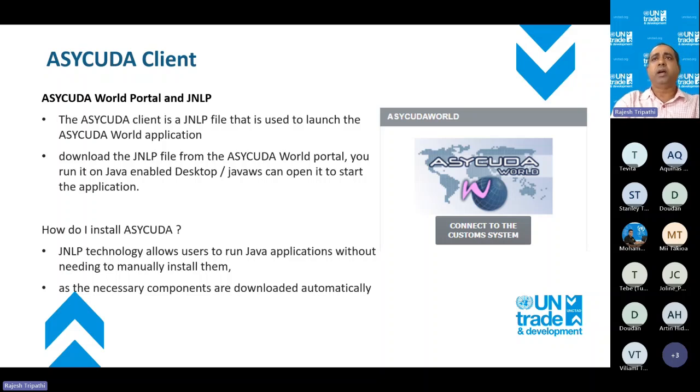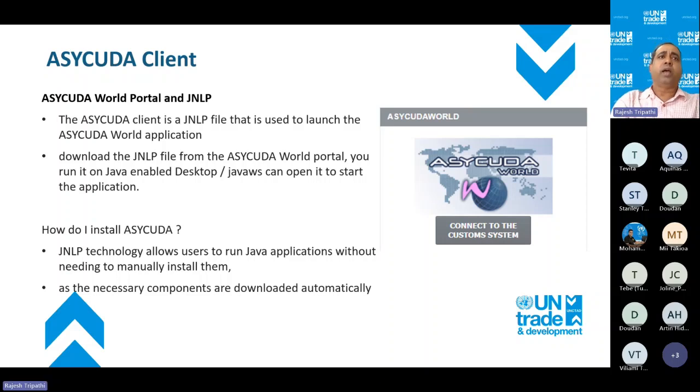So most of the time, we receive questions commonly saying, how do I install ASYCUDA? Do I need to buy any licenses? Or what is the system requirement to run ASYCUDA? These are some common questions that we face, and I'm sure you also have faced it in your individual countries.